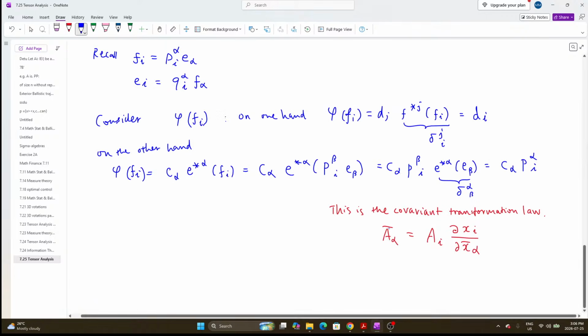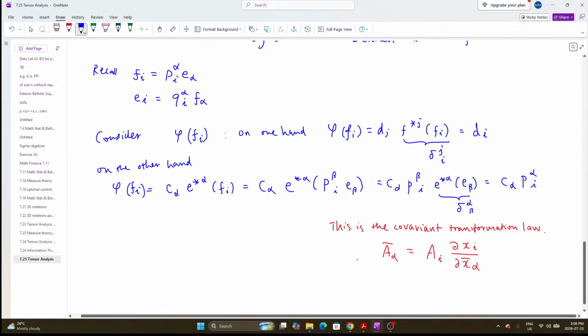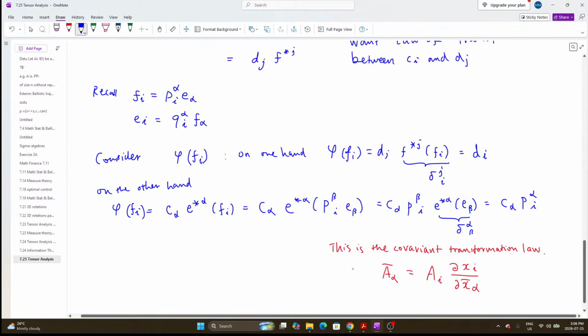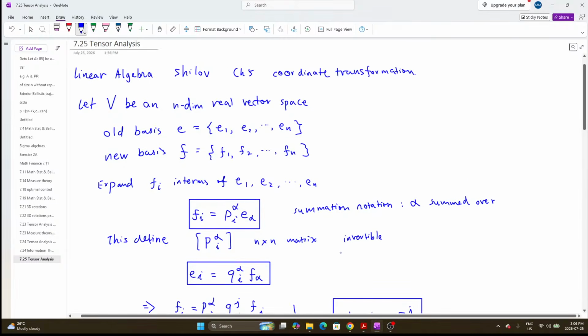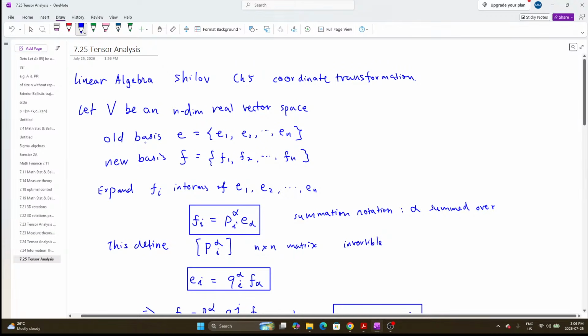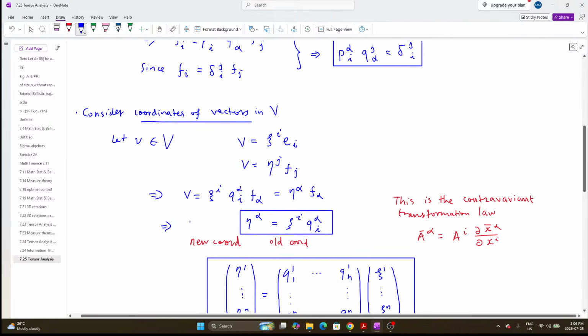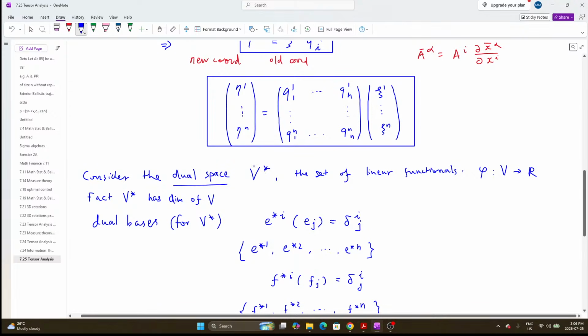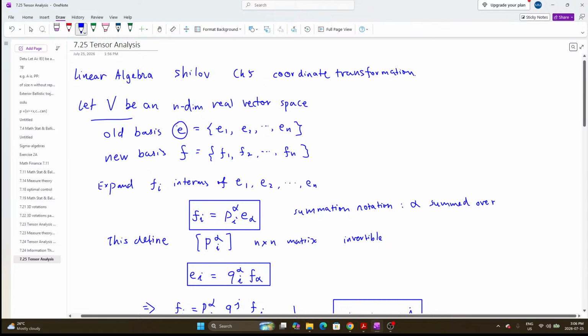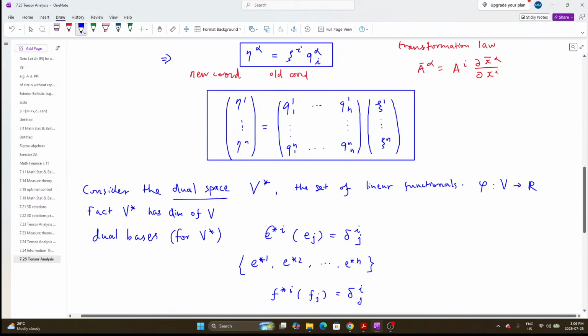E star and f star are basis covectors for different coordinates. So actually we're using the same coordinate. Remember here we're defining basis vectors first. So starting with V, you have two bases. If you have V, once V is given, V star is fixed. The space V star is fixed. Once e is defined, e star is defined. So I'm not introducing a brand new arbitrary basis for V star.